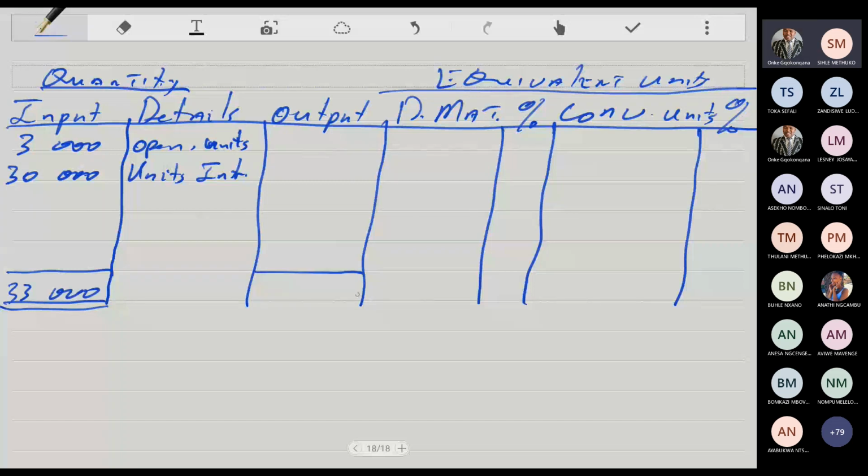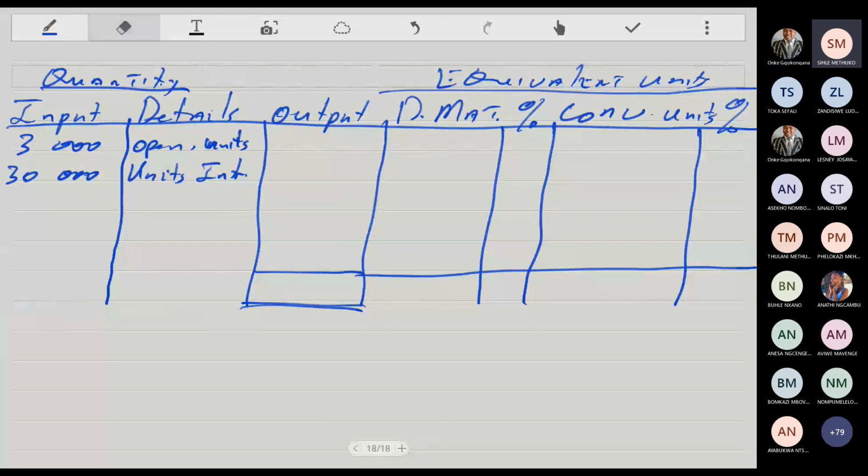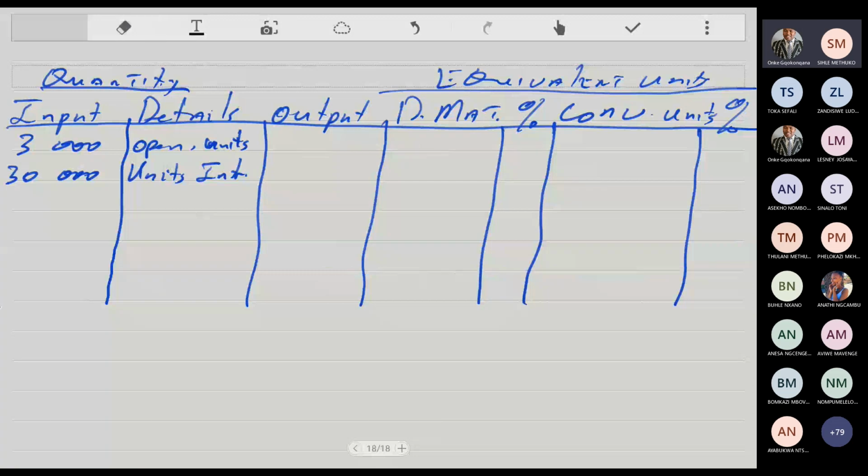To make your life easy, I think I'm going to need more space here. Yes, sorry for that. Let me just expand this. Okay, completed. Normal loss. Total of 33,000.